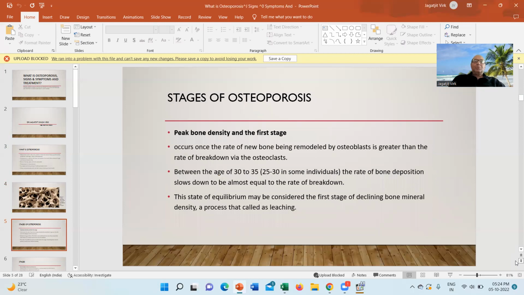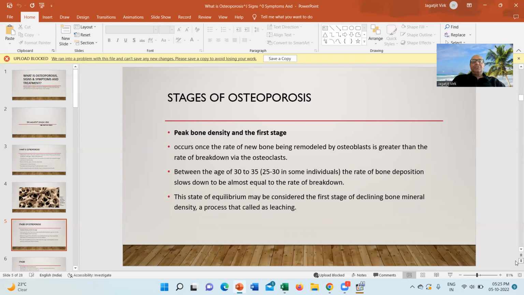Stages of osteoporosis. Peak bone density is the first stage. It occurs once the rate of new bone being remodeled by osteoblasts is greater than the rate of breakdown via the osteoclasts.